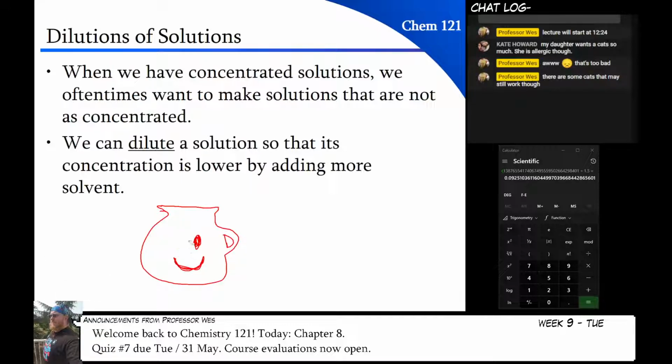So let's suppose that you have a pitcher of a liquid. And for the purpose of this, we're just going to call it Kool-Aid. So if you have a little bit of Kool-Aid down here and it's really, really dark and intense in its red color, you could say that it's concentrated. Now, if you add H2O to it, because maybe you just don't have enough Kool-Aid and you want to have more for the kids, but you didn't buy any at the store, then what ends up happening is that the color of the Kool-Aid is much fainter than it was before.